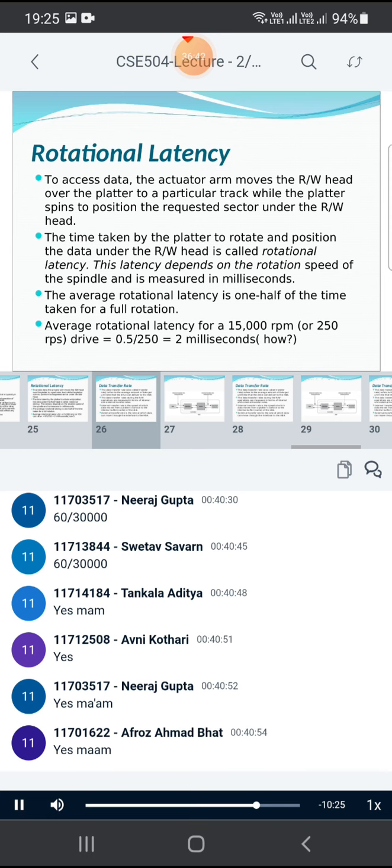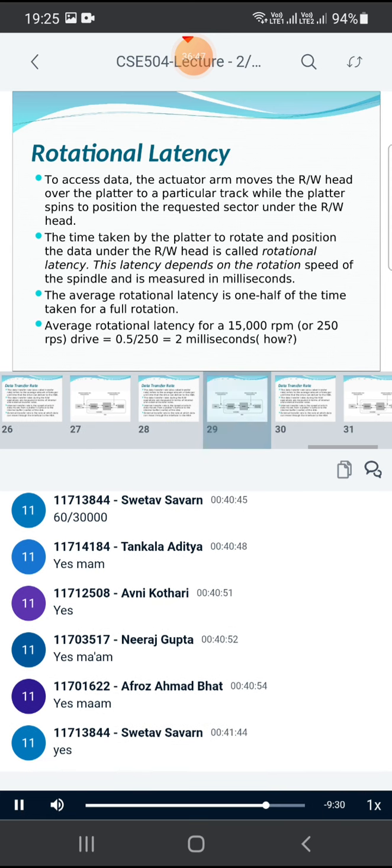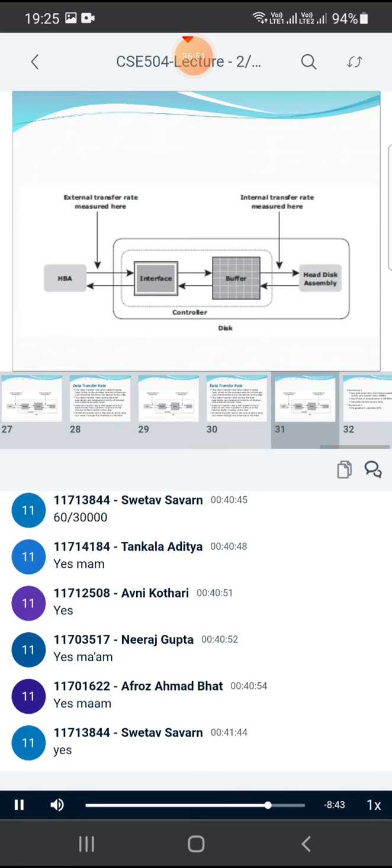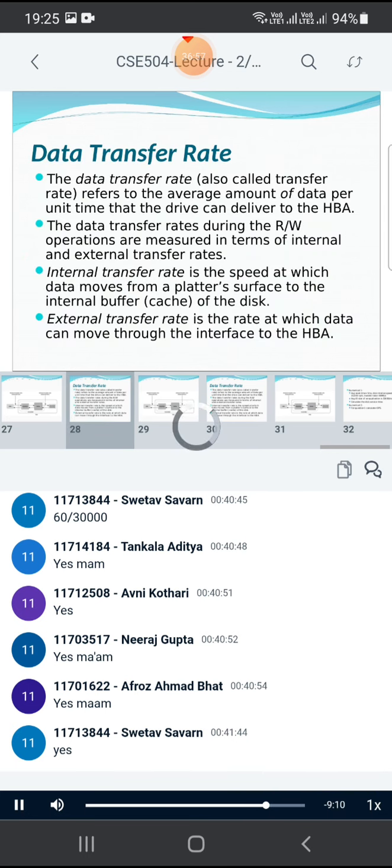Let's go ahead now. Better understand it. Internal transfer rate is the speed at which data moves from the platter surface to the internal buffer or cache. So this is internal, and altogether they make the data transfer rate. Are we clear?